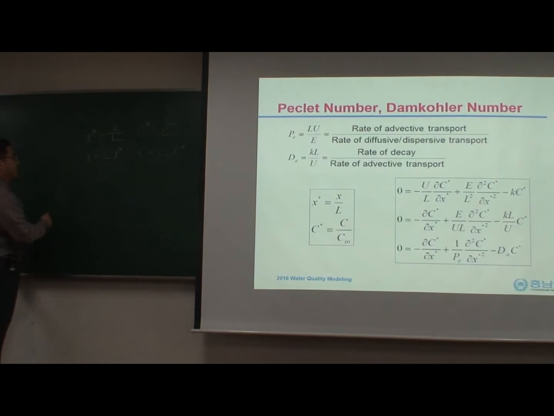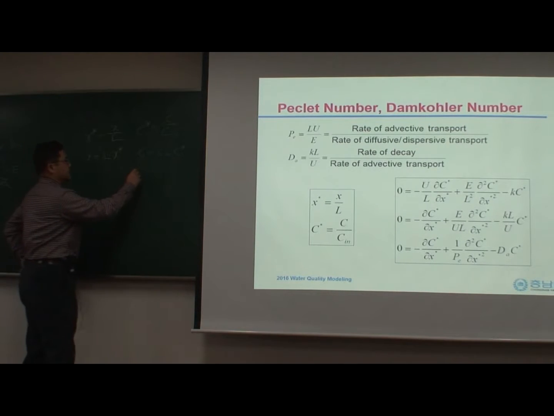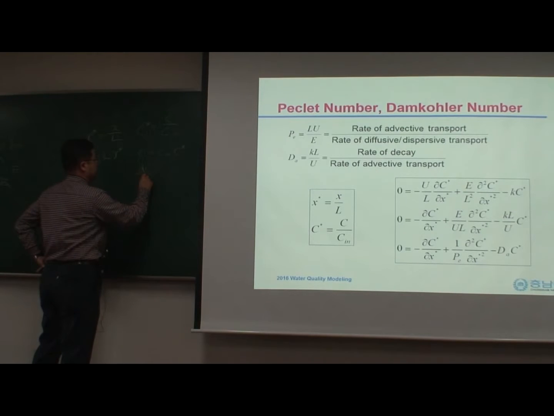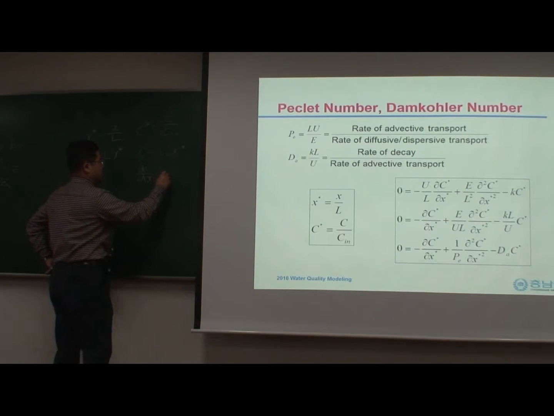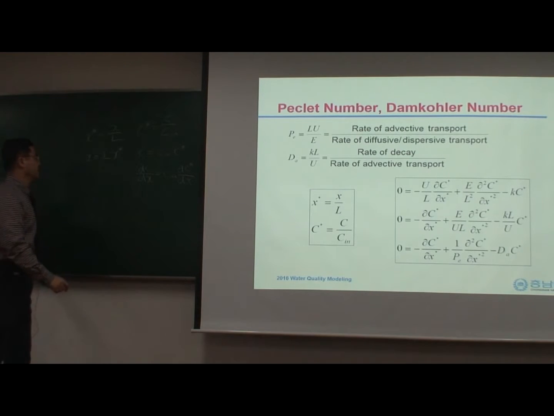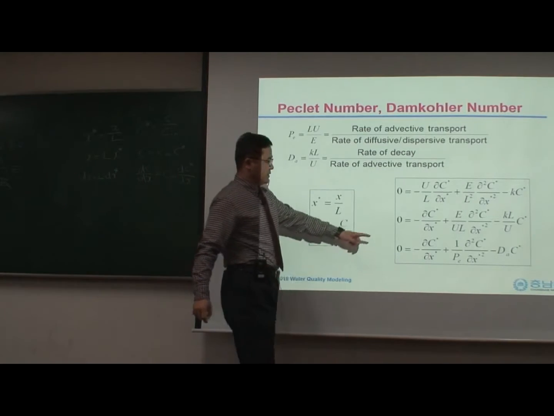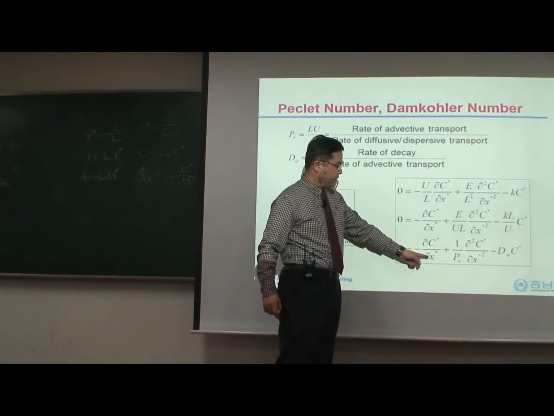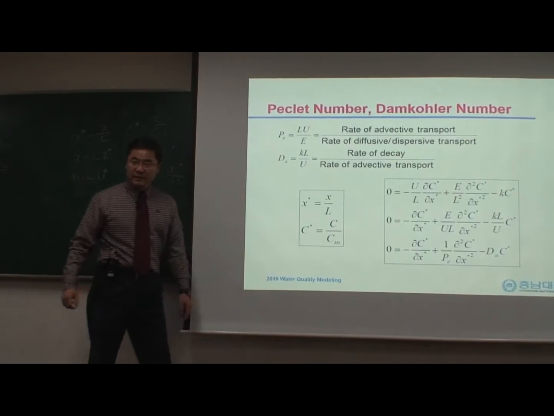Okay, and in here dC dx is C in dC star dx, right? In this case, dx is L dx star. And what I want is dC star divided by dx star, right?